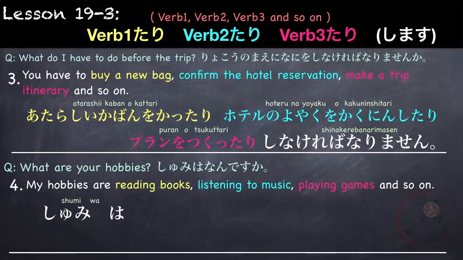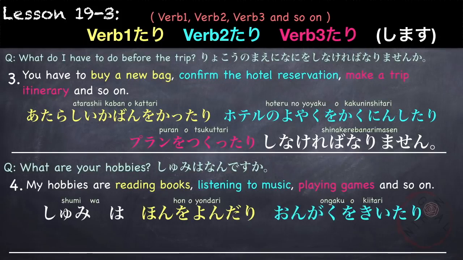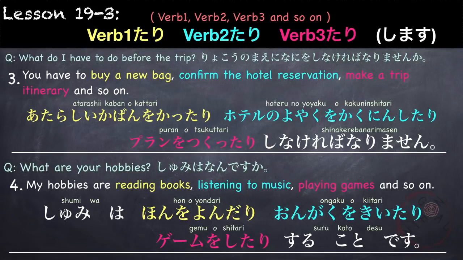私の趣味は本を読んだり、音楽を聴いたり、ゲームをしたりすることです。So in lesson 18, we've learned about dictionary form followed by koto and desu when talking about our hobbies.